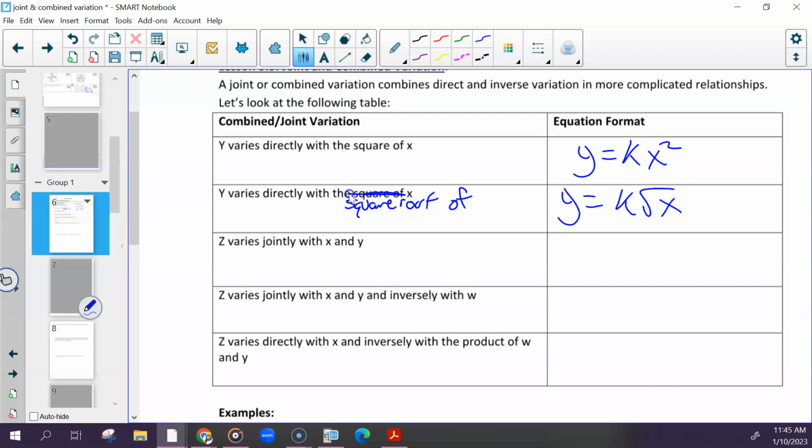For this next one, when we see the word jointly, be thinking directly. They're almost the same, except jointly means there's more than just the two variables. There'll be 3 or more. So just like with directly, the variables would go next to each other like we're multiplying.